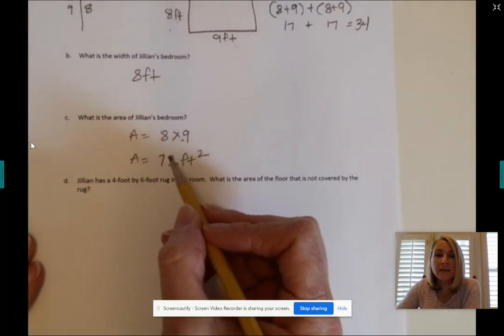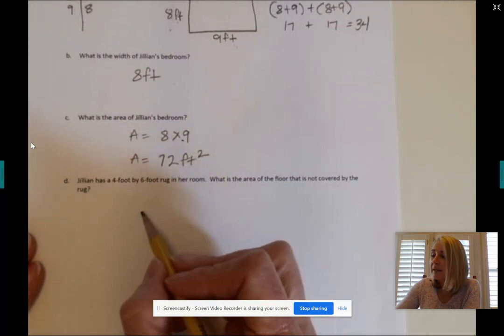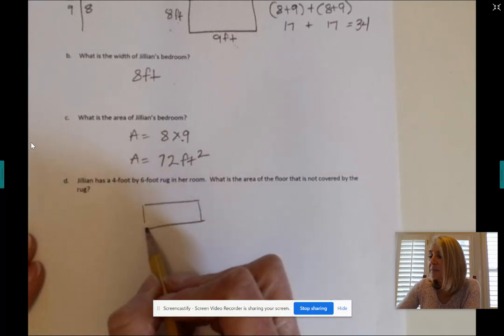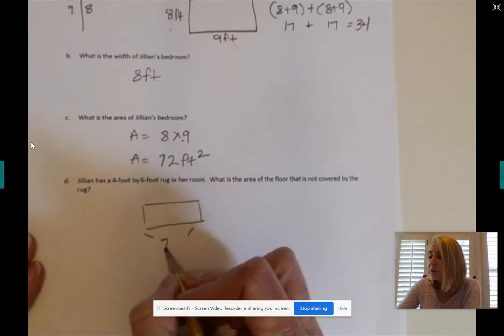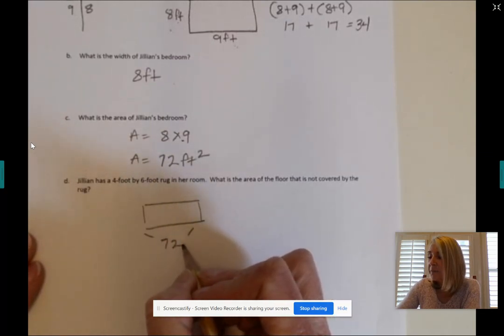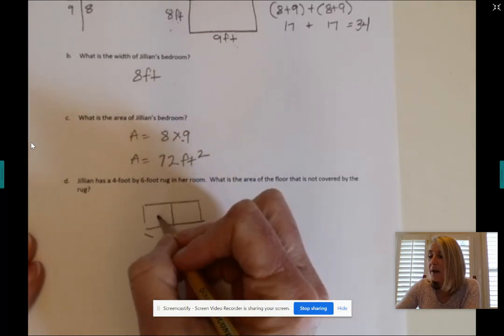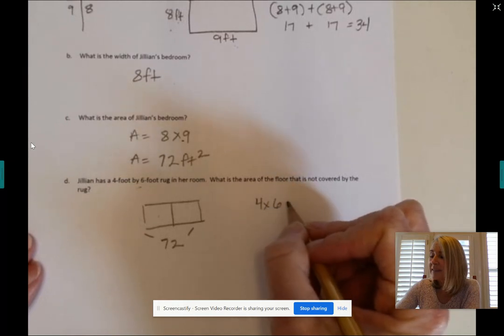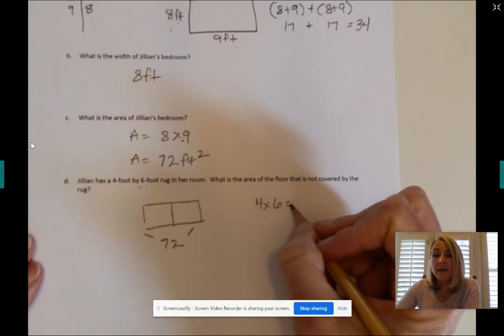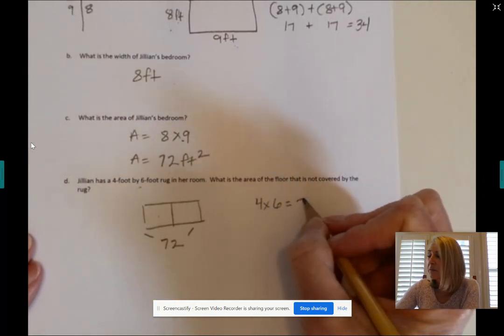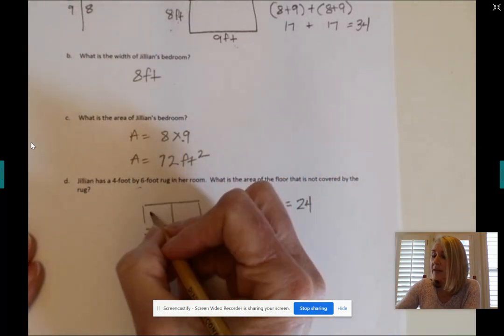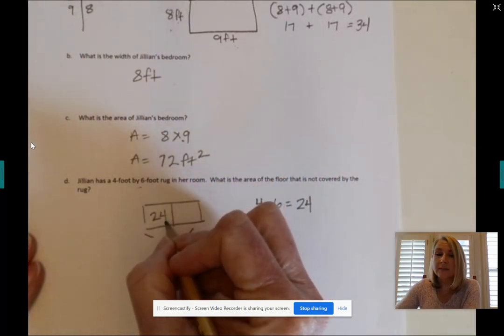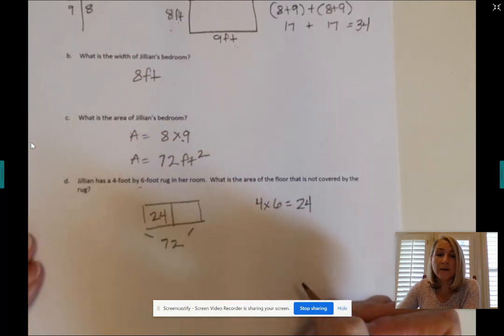So if she has an area of 72, right? Let's think about this in terms of a tape diagram. If you have a total area of 72, and then you have this rug that is represented by a 4 by 6-foot rug, area 4 times 6 equals 24, right? So that means the 24 square feet are here.